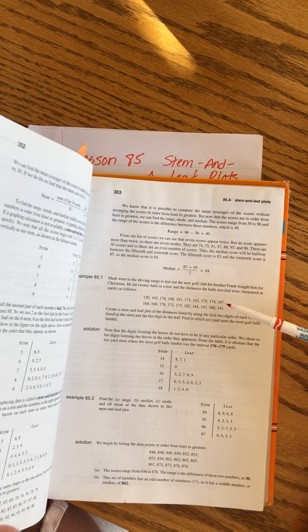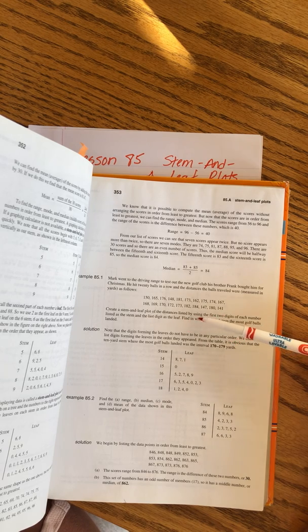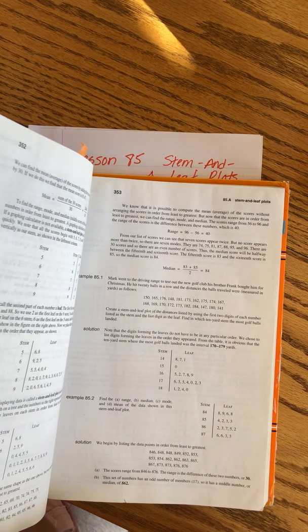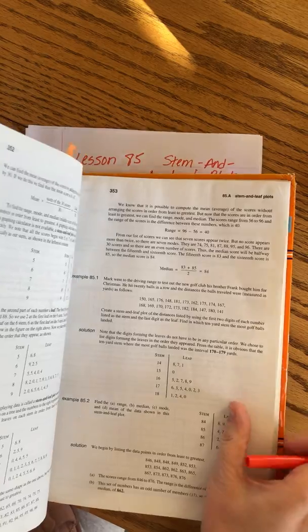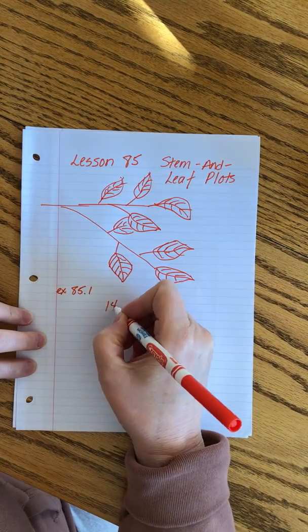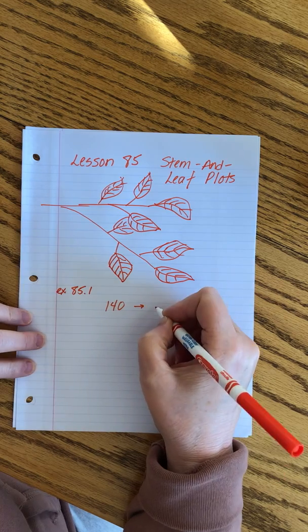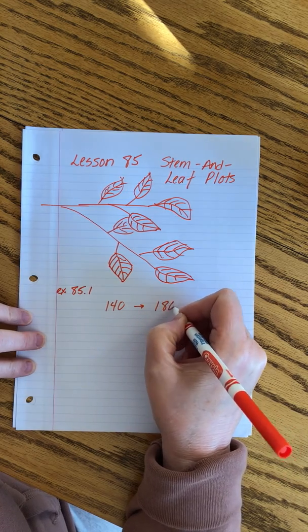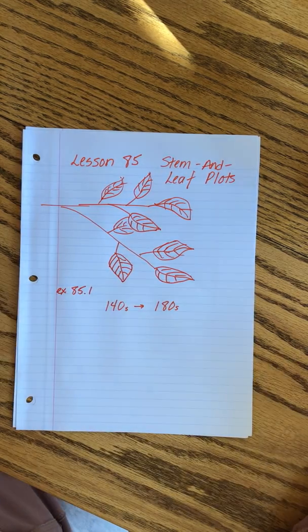I think it's 141, looks like the lowest, all the way up to the highest, the 180s. There's a 184, that looks like the highest one. So they range not from 0 to 100, but from 140 to the 180s.